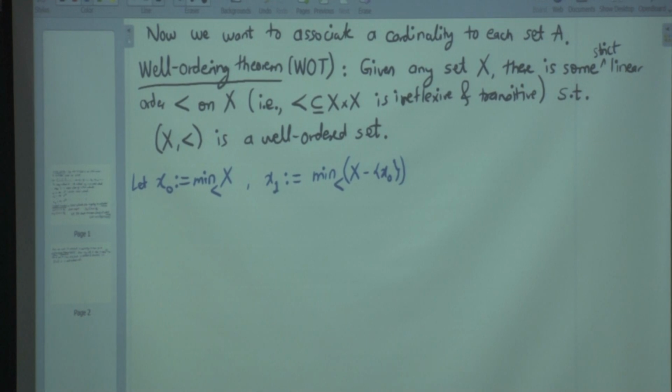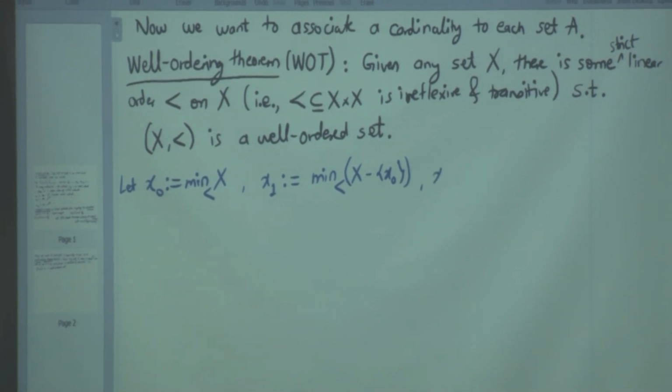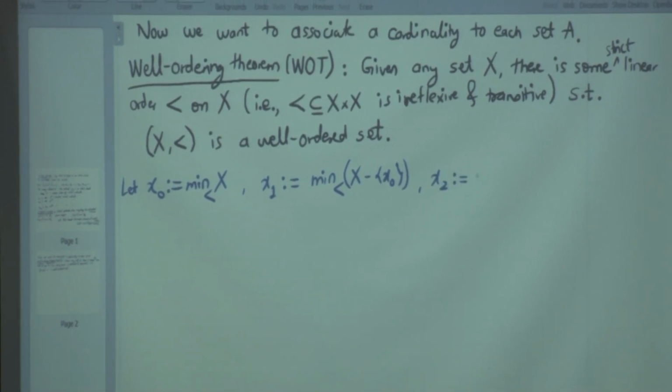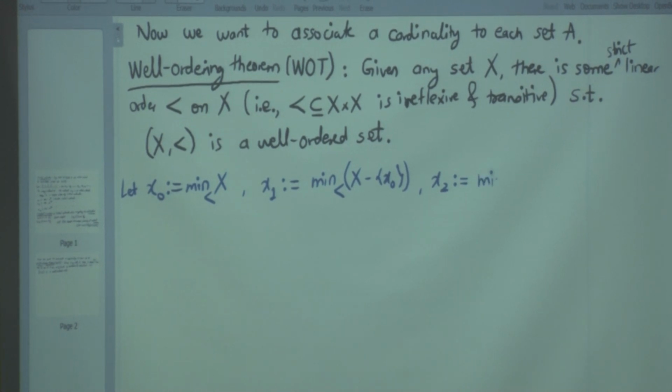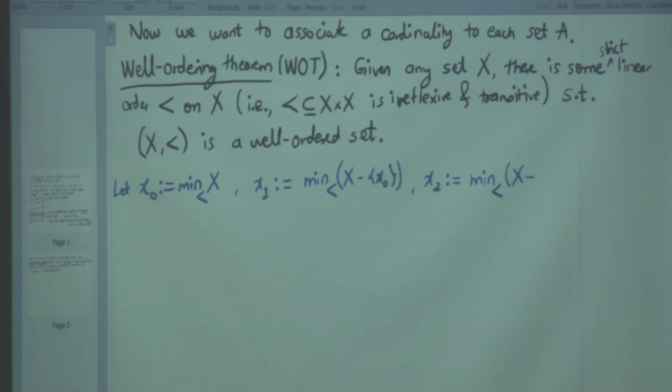If X minus x0 is non-empty, then I can define its minimum. I will call that x1. How will I define x2? The minimum of X minus x0 and x1. I don't want to get back x0 and x1, right?